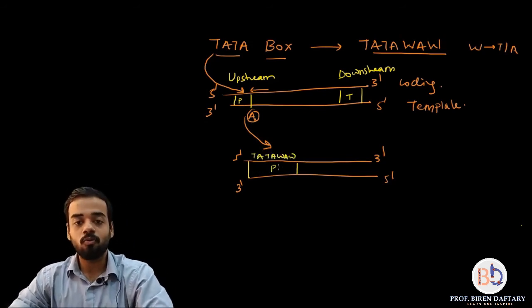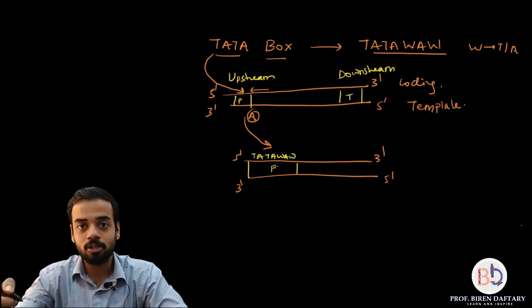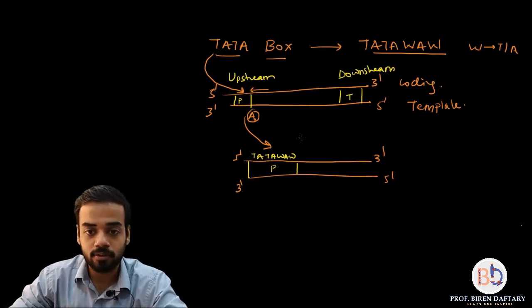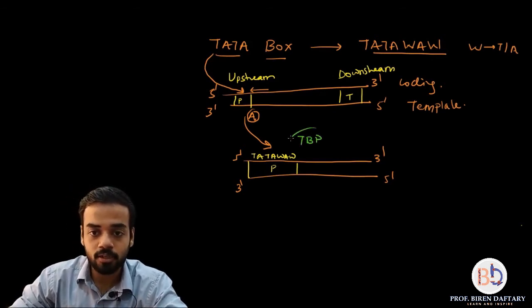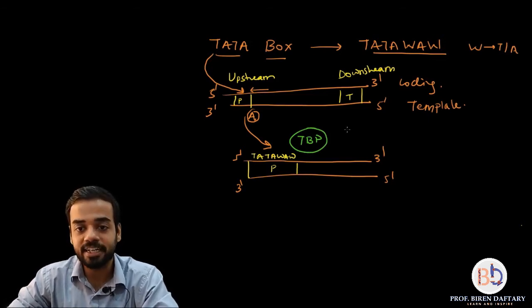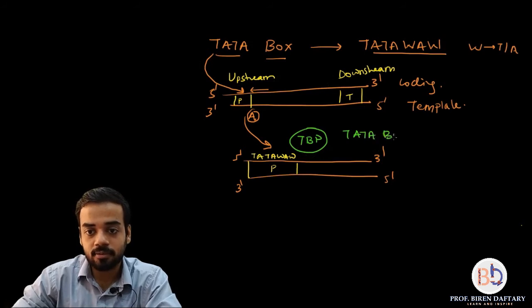Apart from helping in binding to the RNA polymerase, there is something called a TBP protein. I'm going to write it down over here, and the full form of that is TATA binding protein. I should not be writing it in lowercase. This is TATA binding protein.